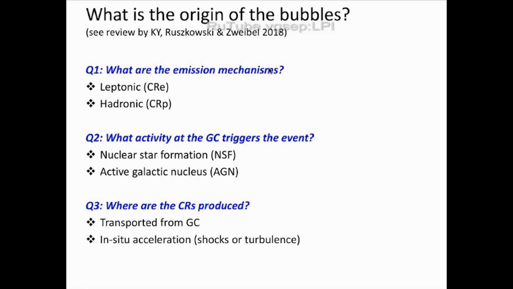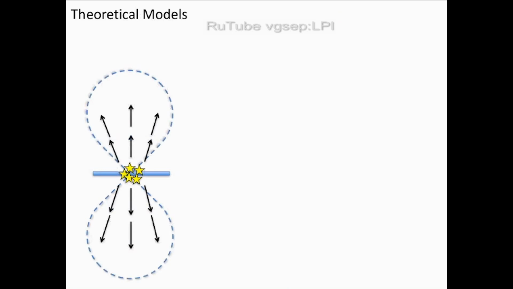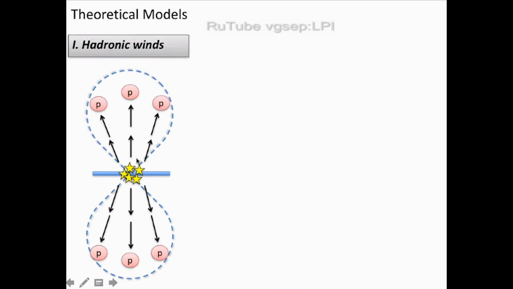Note, however, that not all these combinations will work, and that's because we have the constraints coming from the hard gamma ray spectrum. Let me give you an example. Say if you want to come up with a model based on nuclear star formation wind, then because winds typically travel at hundreds of kilometers per second, it will take more than 10 million years to transport these cosmic rays to the bubble surface, and therefore the gamma ray emission has to be hadronic.